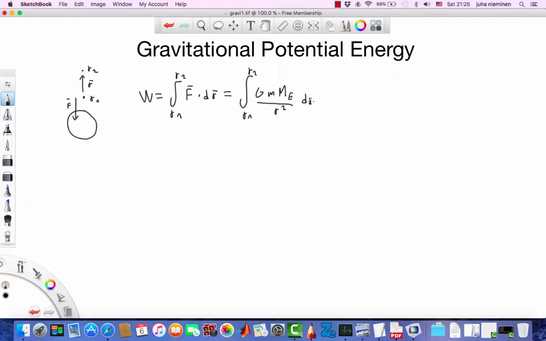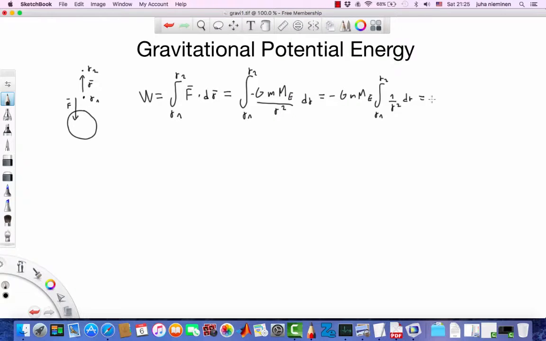Then we have dr, and then the minus sign because the displacement and the direction of the force are opposite. We can bring the constants out, so minus G m mass of the Earth integrated from R1 to R2, and that's 1 over r squared dr.